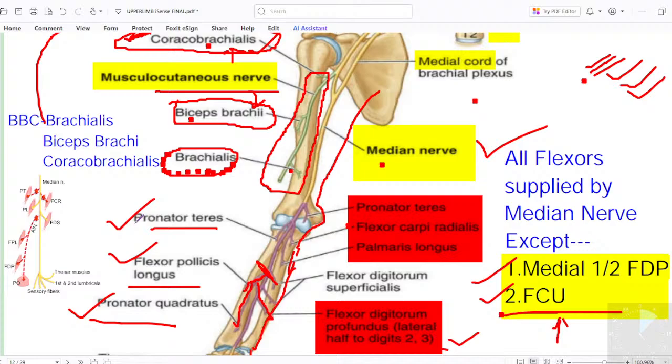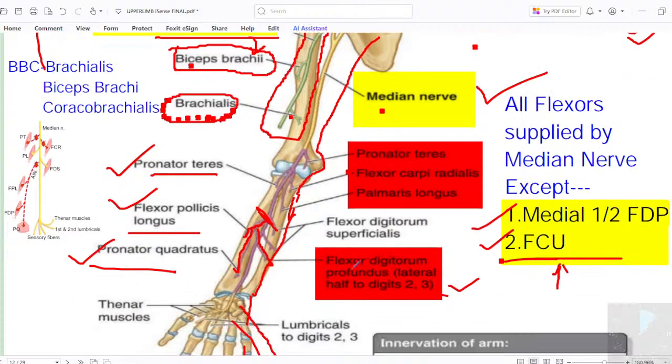What are the muscles? Pronator teres, flexor pollicis longus, pronator quadratus, then flexor digitorum superficialis, flexor carpi radialis, palmaris longus, and flexor digitorum profundus, but the lateral half.